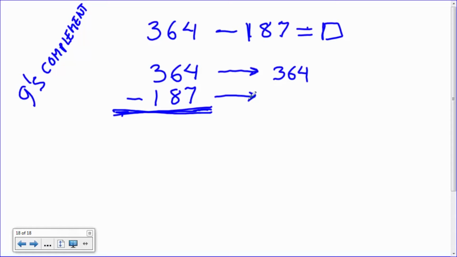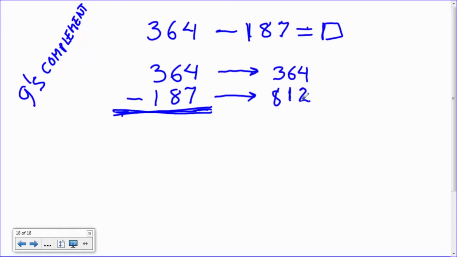In other words, what do I have to add to this number to give me 9? Okay, so what is it that I have to add to the 1 to get 9? Well, that's an 8. What do I have to add to 8 to get to 9? That's a 1. What do I have to add to 7 to get a 9?